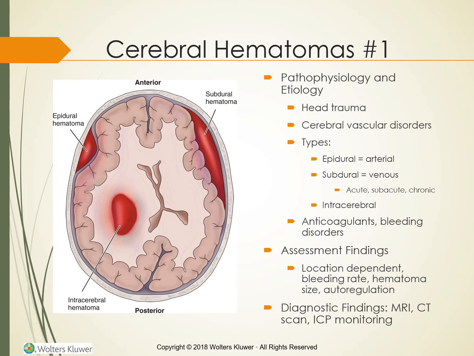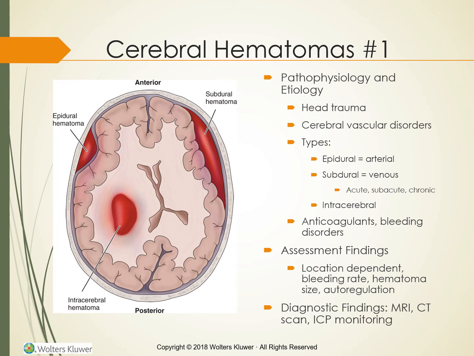So when we're assessing, the epidural hematoma is located where arterial blood collects between the skull and the dura. This means that the patient may be alert after maybe being unconscious for a minute, but then they will become increasingly lethargic before lapsing into a coma.